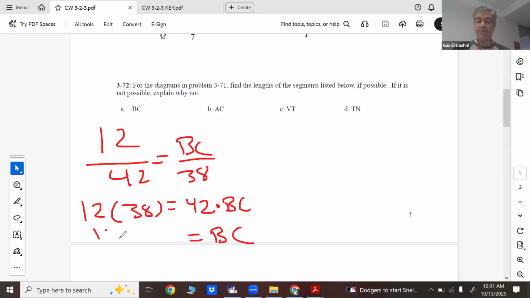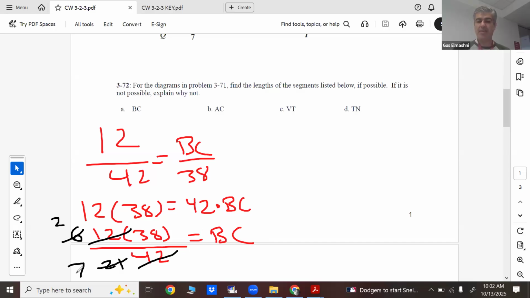Yes, I will let you use a calculator for a question like this. But if you didn't have a calculator and wanted to feel ambitious, you could cross cancel things, like 6 and 21, 2 and 7. So it should be 76 over 7, which is roughly 10.86.